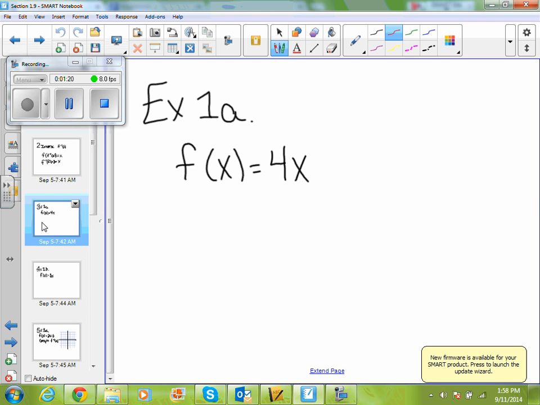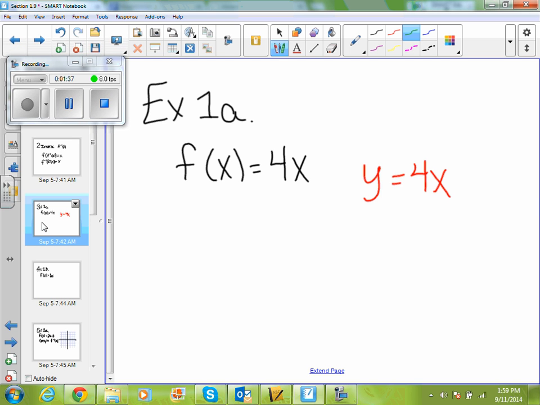So let's start by finding an inverse function. f of x equals 4x. This is the same thing as y equals 4x. I'm going to switch it to the y so that it's easiest for us to verify the inverse. We switch our x and y, so x equals 4y. And then we solve for y.